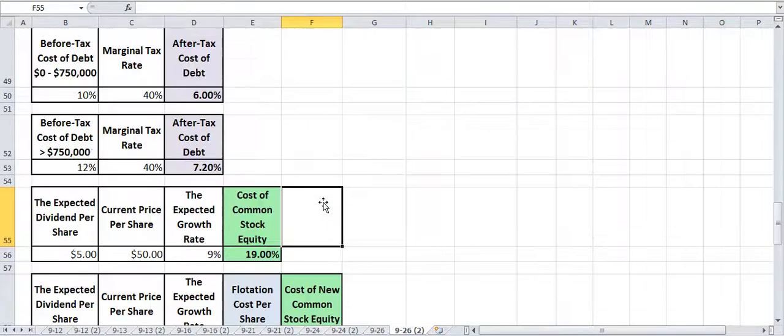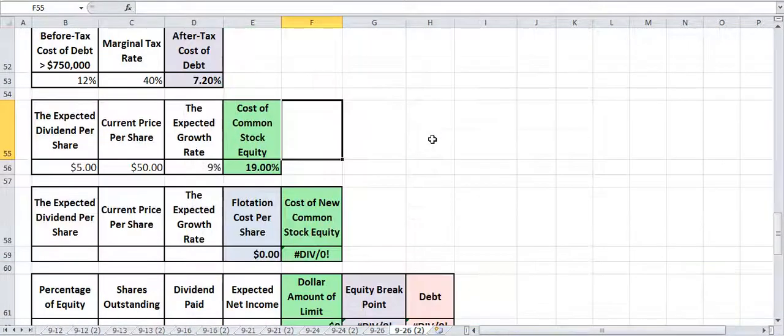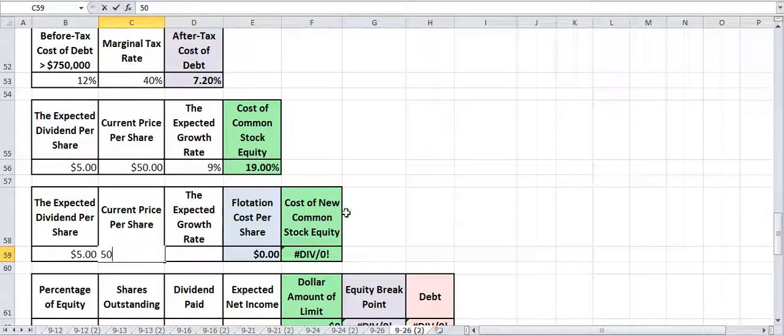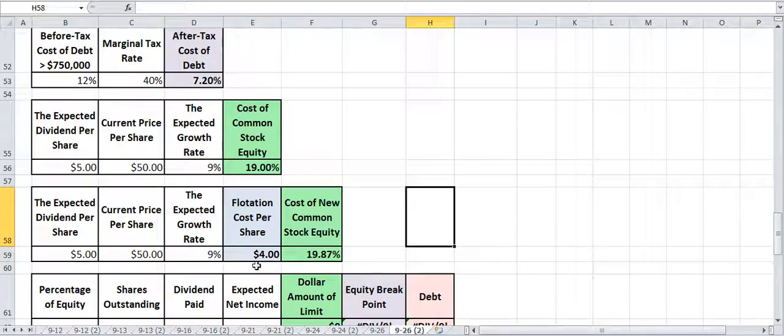So that's going to be our cost of common equity. Now we need to get the cost of new common stock, which is going to be the same dividend per share, current price per share, expected growth rate 9%. And this formula right here is just because it's a percentage.